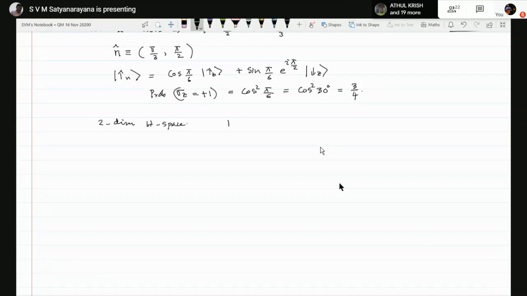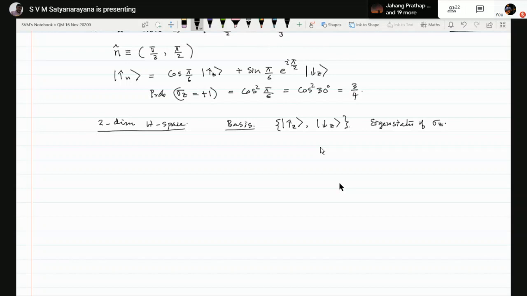Your basis should be these two vectors. So you can say that up z and down z is one basis. These are eigenstates of sigma. Now every other state, because it's only a two-dimensional Hilbert space, whatever the state in this Hilbert space, can be expanded in terms of these two basis states.